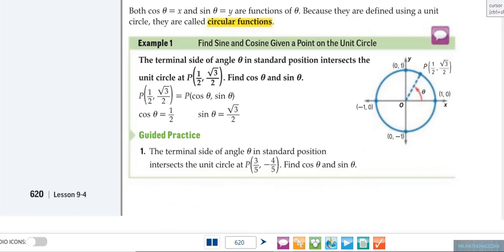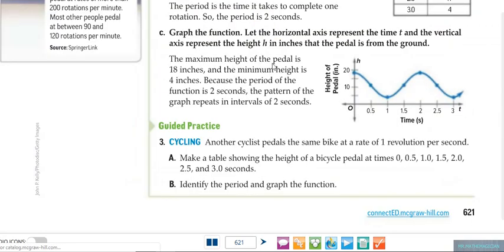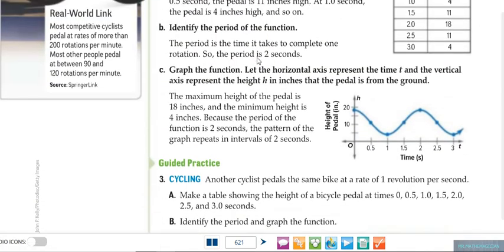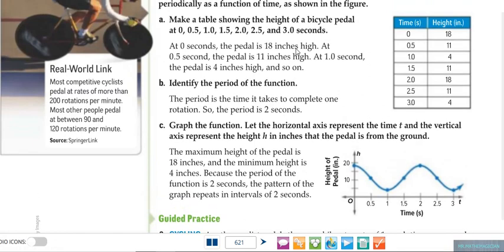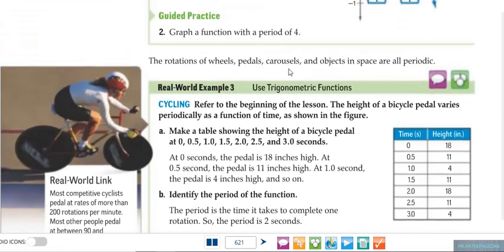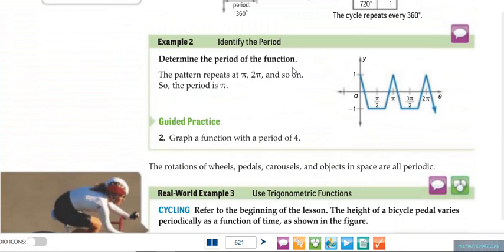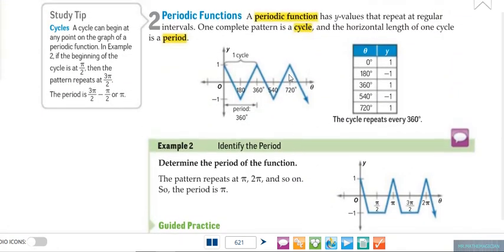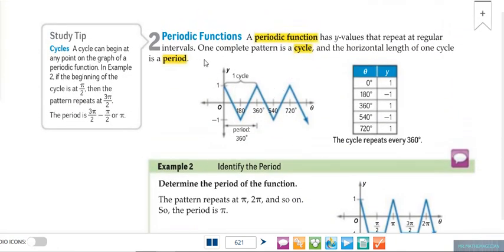Moving on. On page 621, we need to know periodic functions.